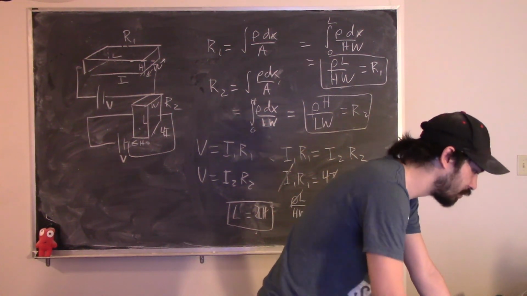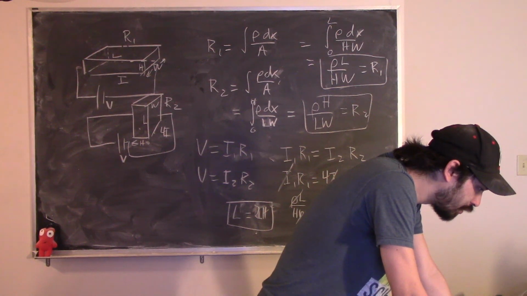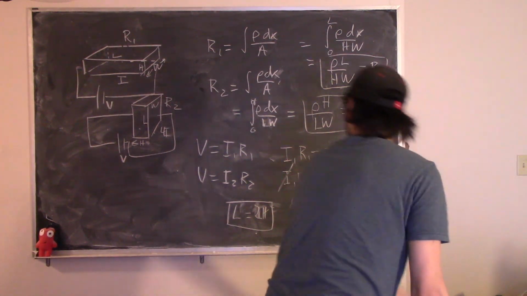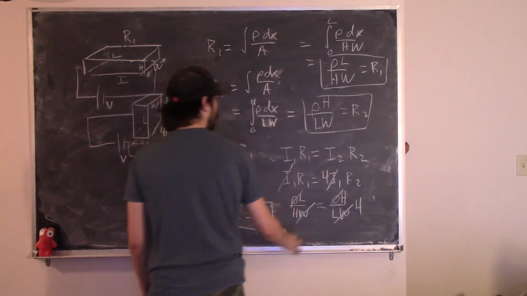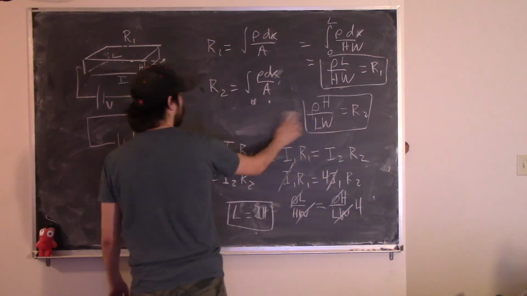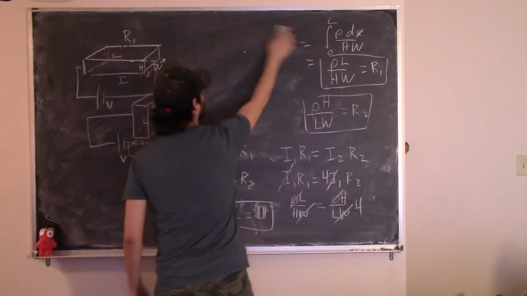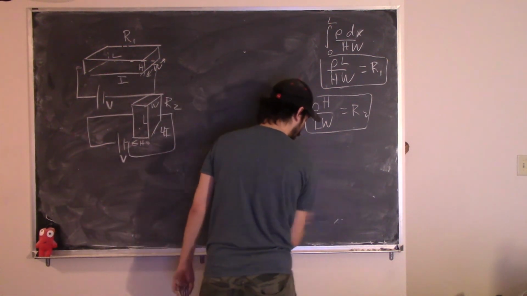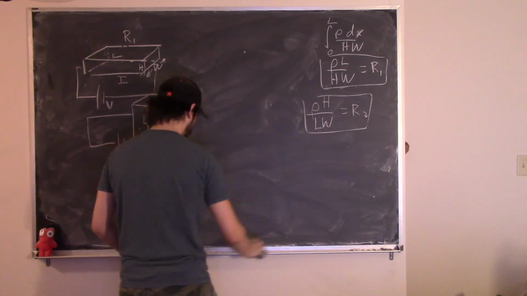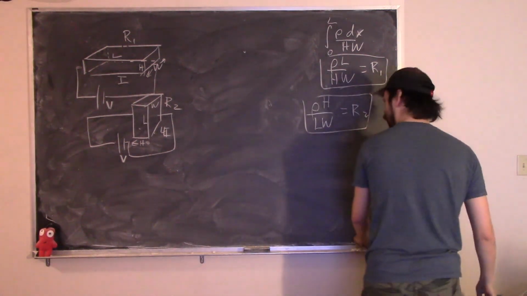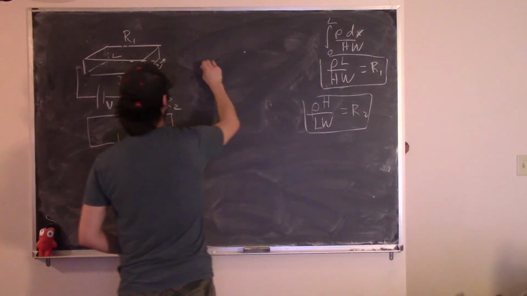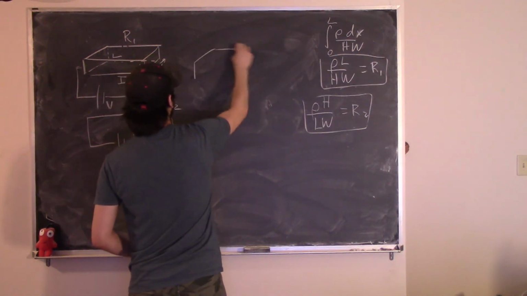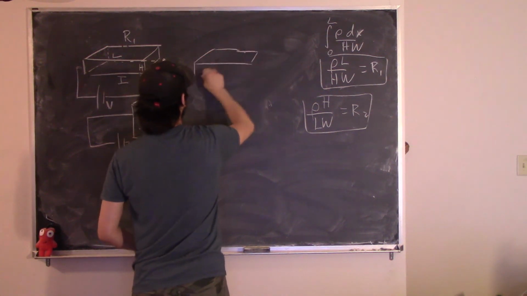The second part of this one says, if the 2 blocks are connected together as shown, so I want to keep my R1 and R2 because this is going to be important. Keep my R1 and my R2. If the 2 blocks are connected as shown, so we had this case.